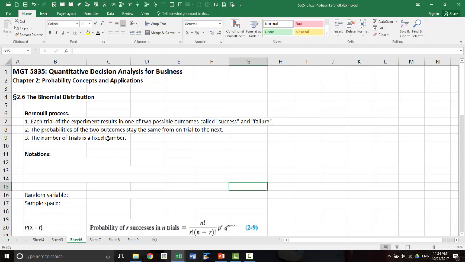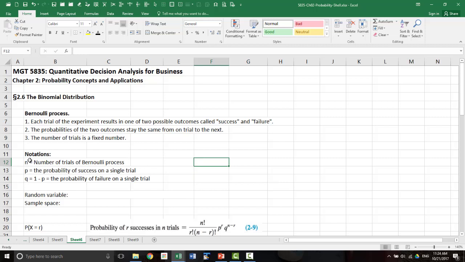Now we're going to define some notation. We'll use the notation n to stand for the fixed number of trials, and we'll use lowercase p to stand for the probability of success. Here success should be in quotation marks, because we are using a generic term. Like if you're looking for fraud, success here would be identifying the fraud.